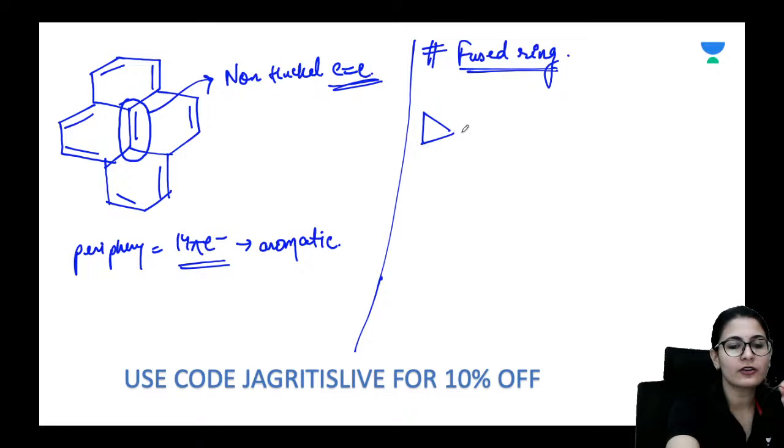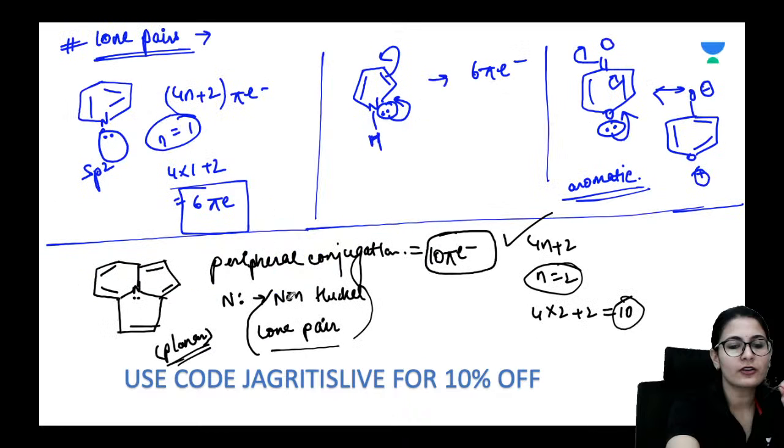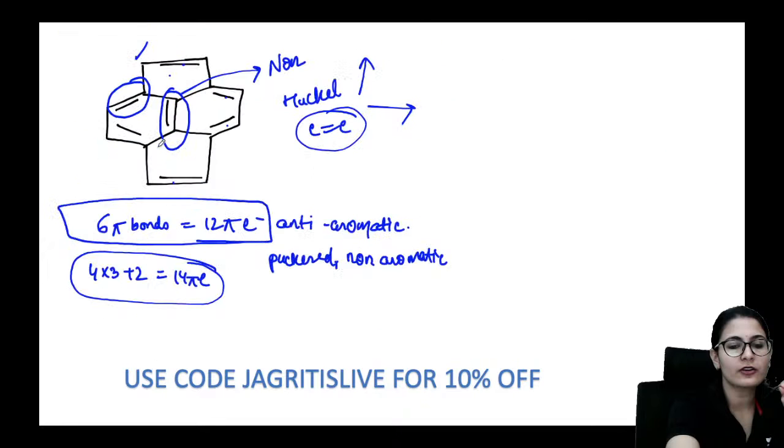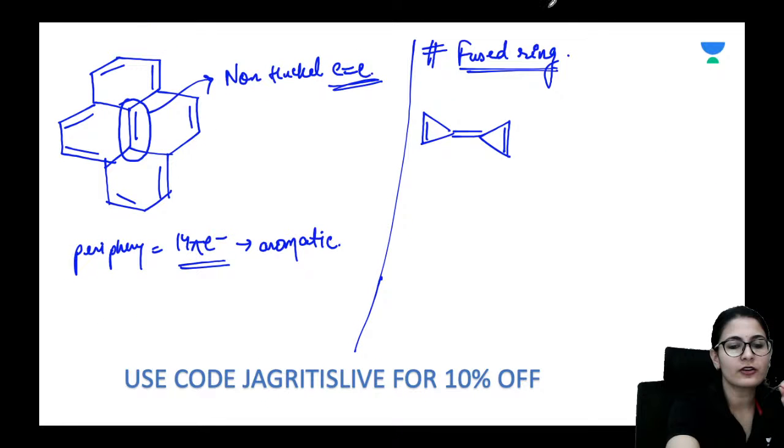Fused with one common carbon like this. What were those earlier systems? They were fused with two common carbons, heptafulvene, azulene, and so on. Now these are the fused rings with only one common carbon.